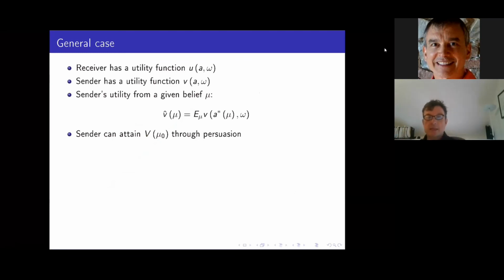Now we did this for the very special case of a binary state and a binary action model, where the utility of the sender was in fact state independent, and where the utility of the receiver was given by matching state with action, so either 0 and 1.